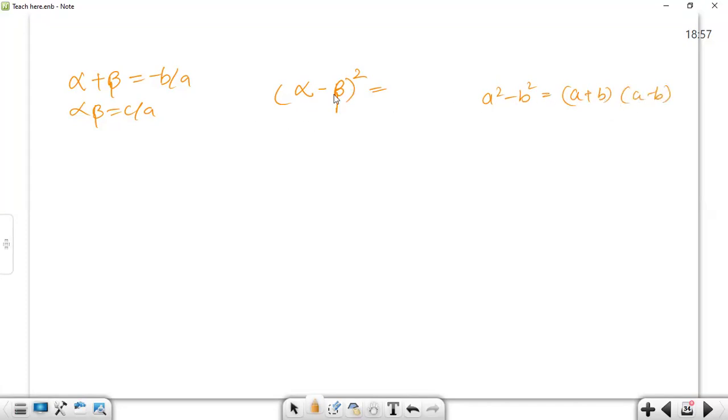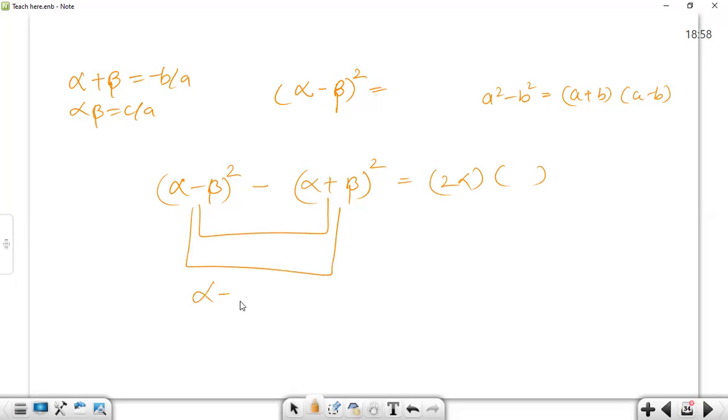So if we do this, alpha minus beta whole square minus alpha plus beta whole square will be equal to, if we sum these two terms, alpha plus alpha, 2 alpha, beta minus beta will nullify, multiplied by a minus b.